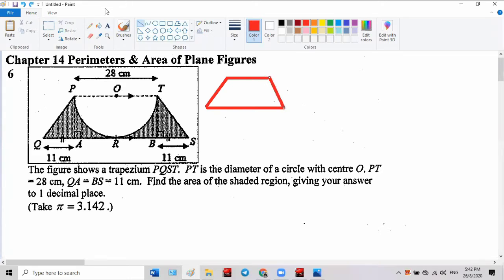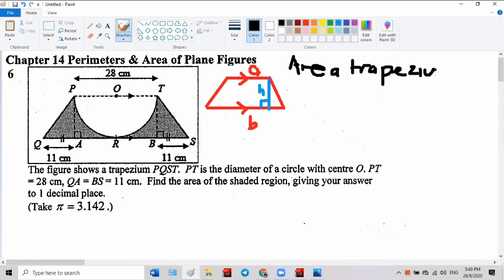As long as I'm interested in these two parallel lines, this is called A, this is called B. And then this is called the vertical height, which is perpendicular to the base, H. Then the formula for the area of a trapezium, I copy down, would be equal to half times A plus B times the height. Okay?